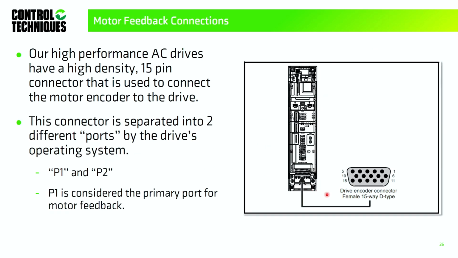So as I touched on earlier today, the 700, the Digitax, has a 15-pin high density encoder connector divided into two virtual ports, port P1 and port P2. And again, P1 is where we'd prefer that you connect your primary motor feedback, but you don't have to.